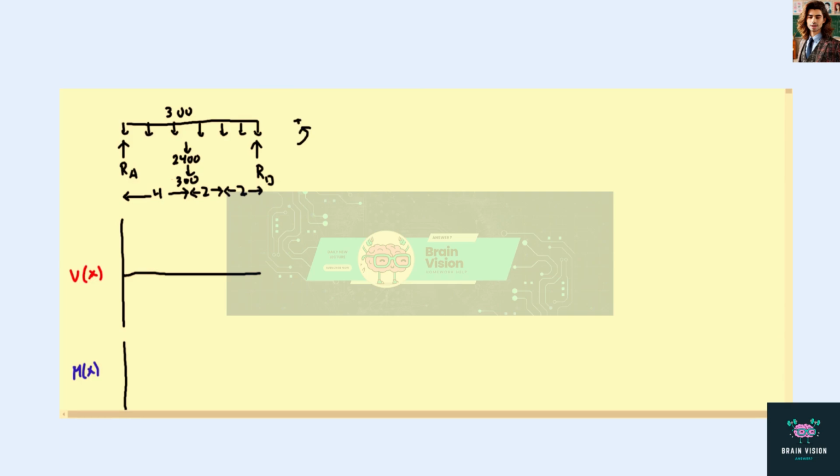Okay, so we will sum our moments about point A and set them equal to 0. We've got a minus 2400 resultant, an arm of 4. We've got the 300 applied, an arm of 4.